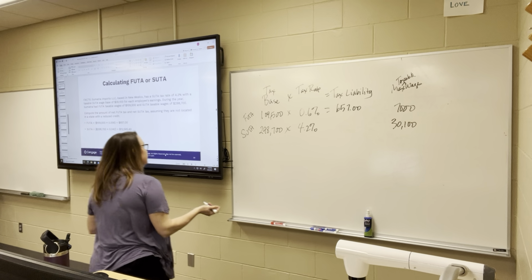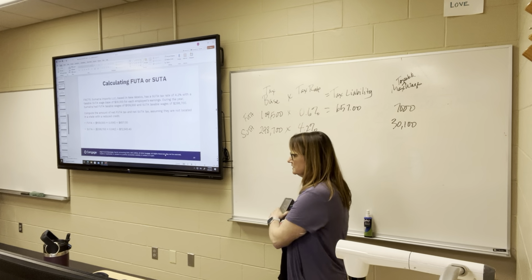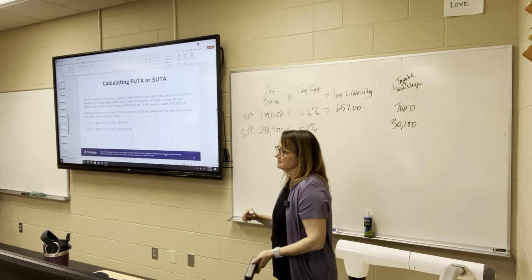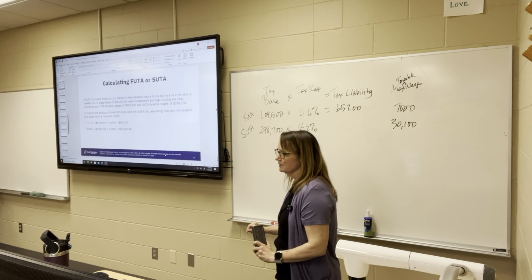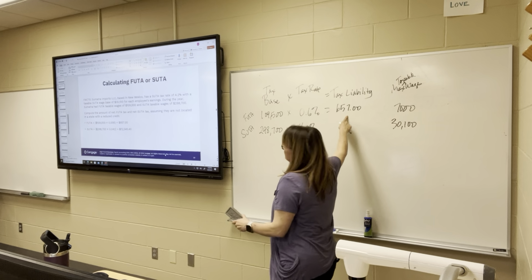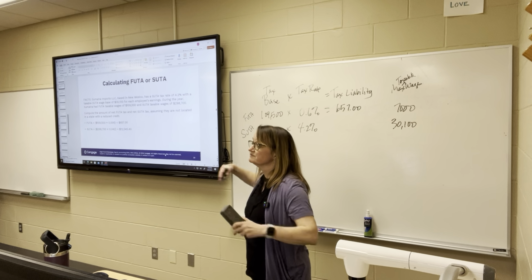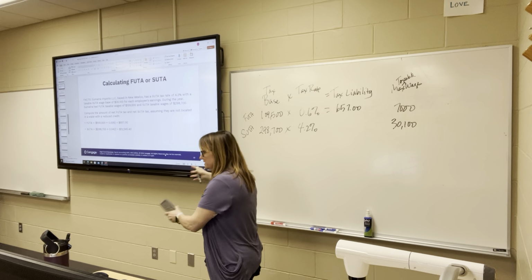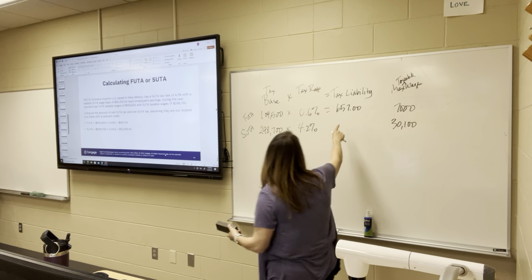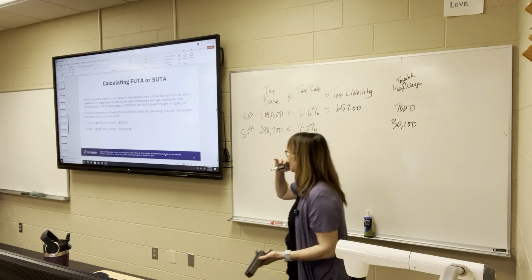Or they had more employees in January than they had in December, in which case they may have exceeded it earlier in the year. We don't know. Based on this information, we don't know. We'd have to see what the wages were and the number of employees for each quarter in order to determine when they reached that $500. With the information they gave us, we don't know yet.